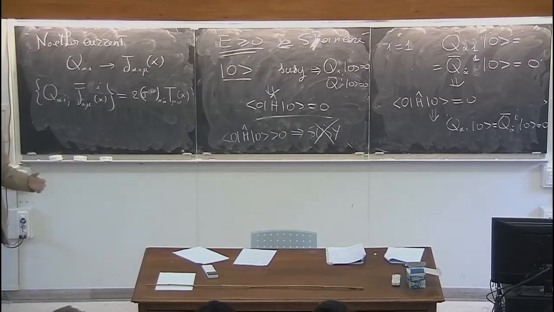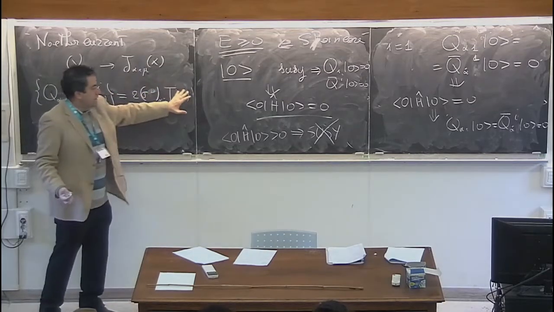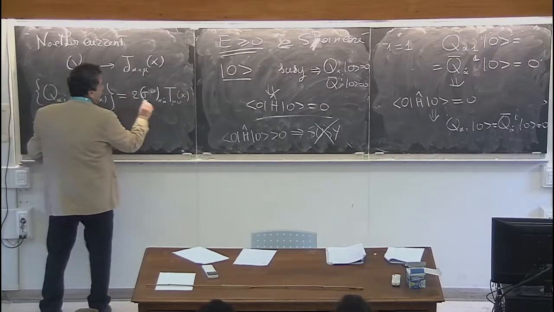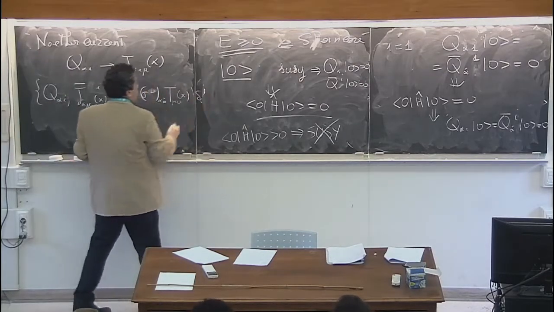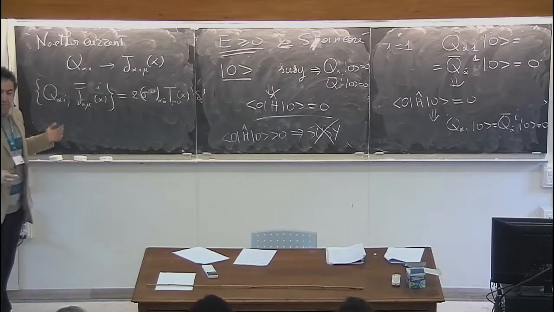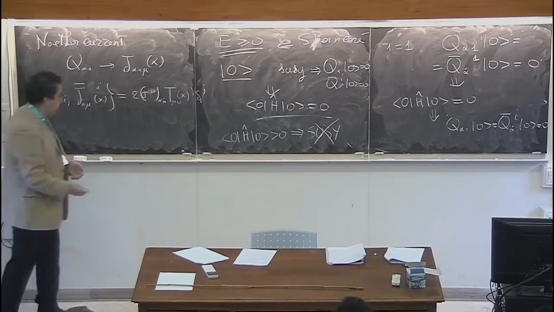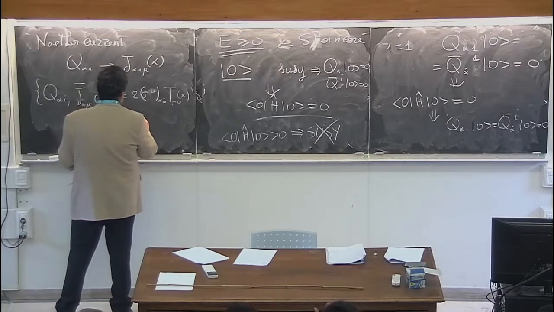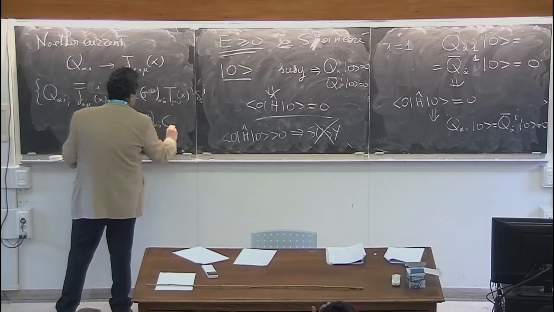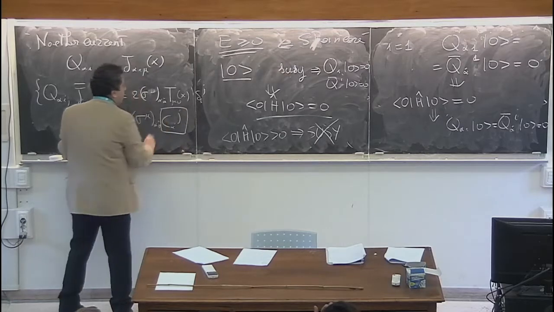And you see here there is also a delta^I_J. This relation can be deformed by adding a new term: plus sigma^mu_{alpha alpha-dot} C^{IJ}. We can add a C number.